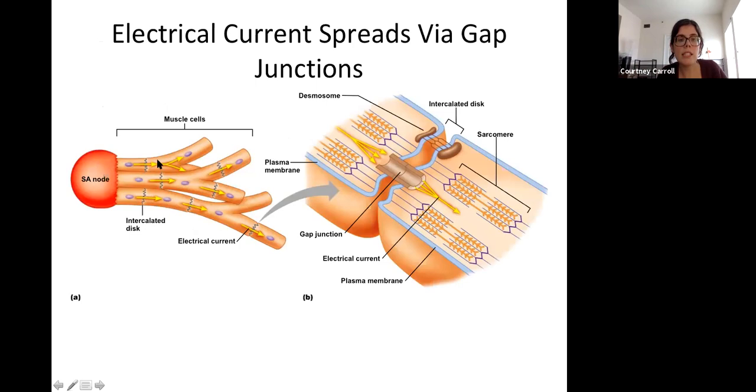We're going to spread cell to cell, starting in our SA node, right? Our pacemaker cells are going to fire an action potential. We then need to pass that depolarizing signal. So those ions, those sodium, calcium, mainly calcium ions, are going to be spread from cell to cell, through the gap junctions present in our intercalated disc.